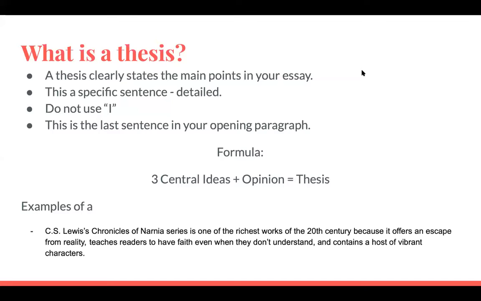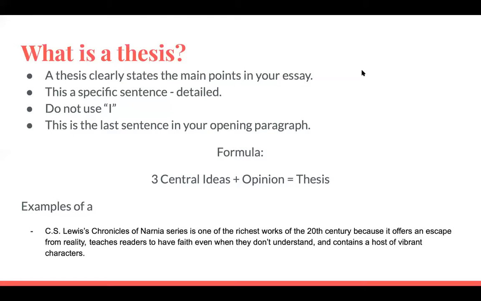This is your formula. So your three central ideas, your opinion. Now, when we're stating our opinion, we can do that without having to say, I think. We can say it's statistically shown.